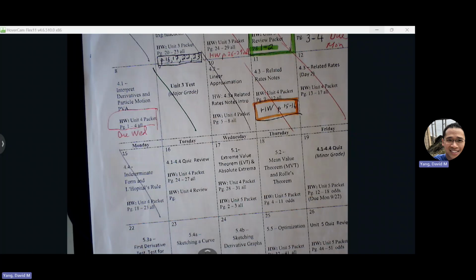So let's start off with the mean value theorem. Let me just read this statement out here. If a function is continuous over the interval [a, b] and differentiable over the interval (a, b), that means we're now moving into something where we're trying to guarantee a specific slope value.